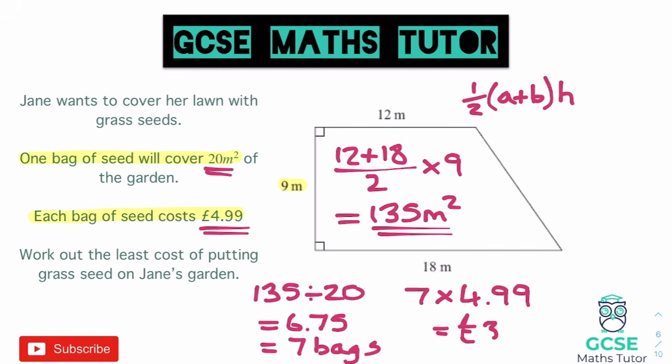If you don't like that method, then you can hop the decimal out and do 7 times 499 and then hop the decimal back in 2 jumps. Both methods would give you this £34.93, but if you had a calculator for this, that would be nice and easy because you would just type it in.